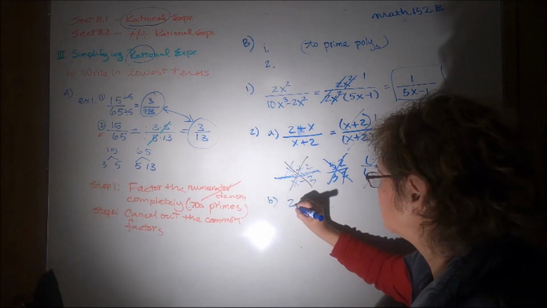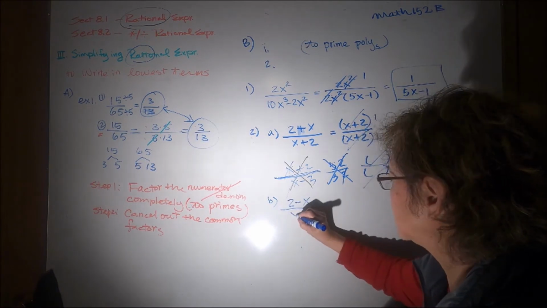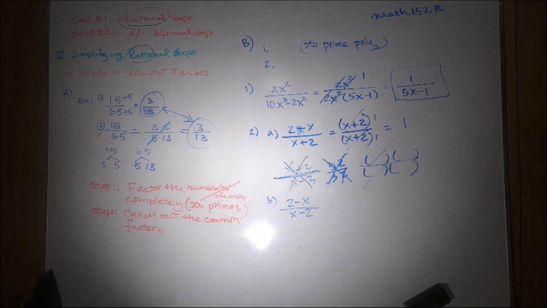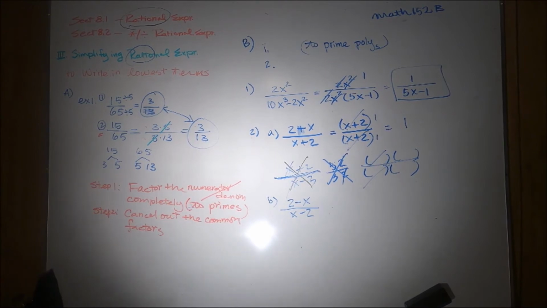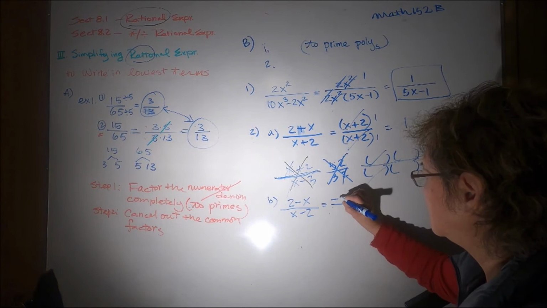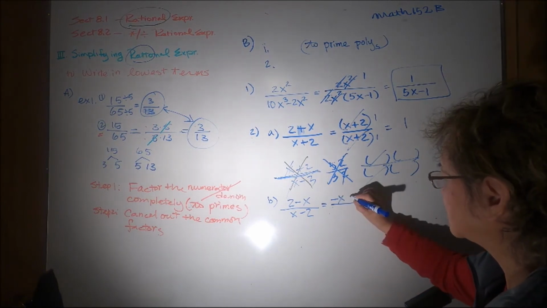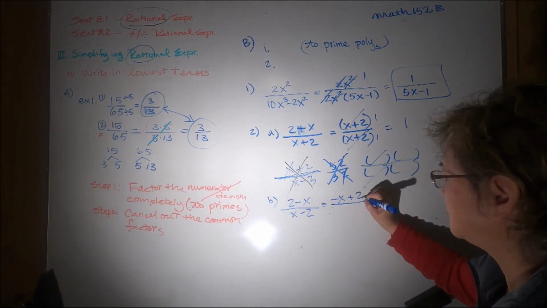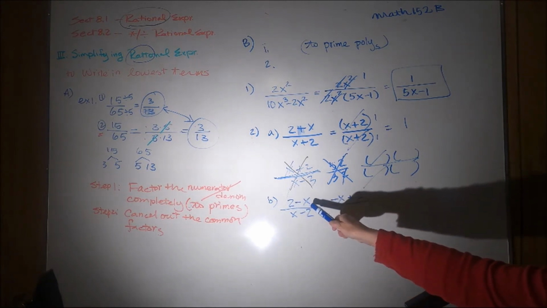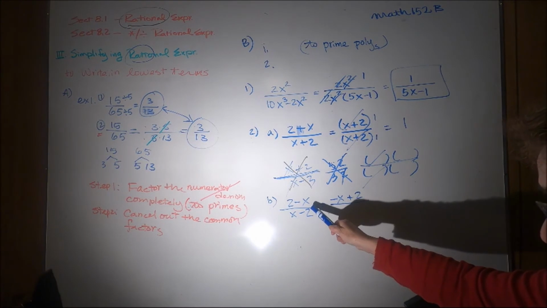So next one, 2 minus x and x minus 2. Do they look alike? Pretty much, but not exact, right? So when we simplify this, first, if you just write it in standard form, that would be negative x plus 2, because the sign goes with the thing behind it.